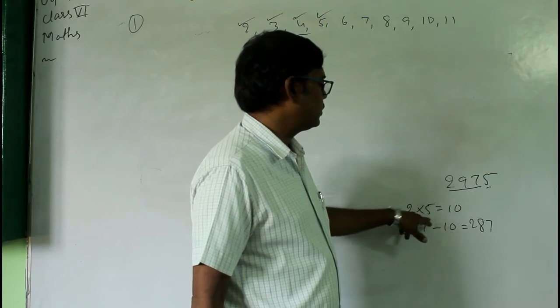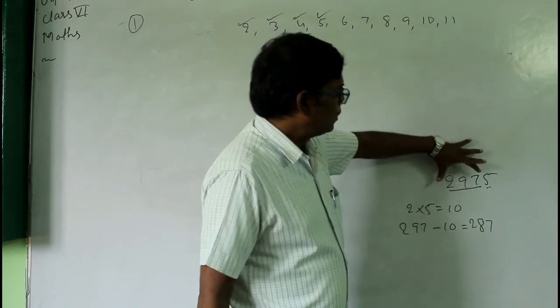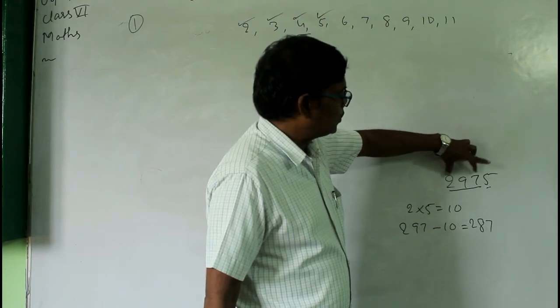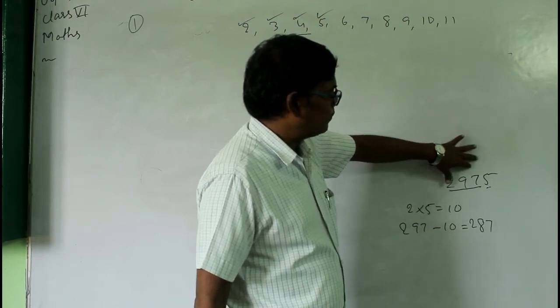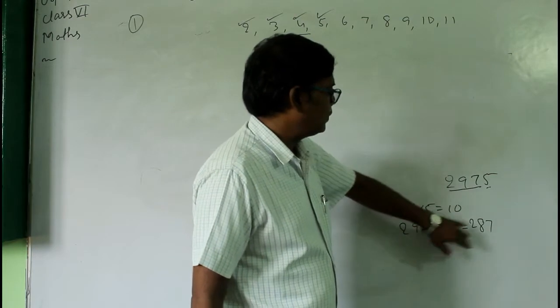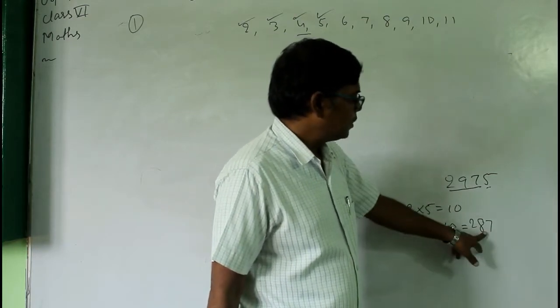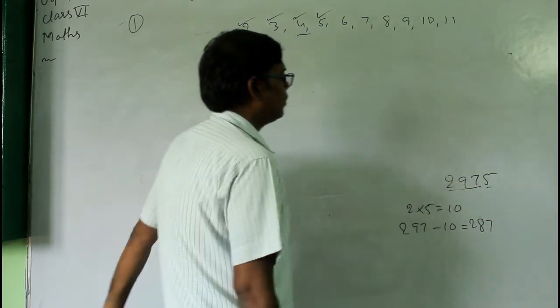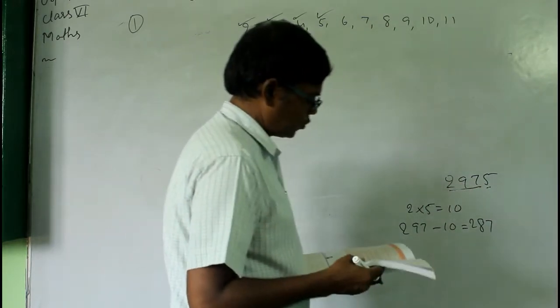Then you get, suppose in this case, 10 here, and then these are the remaining digits, 297. Then 297 minus 10 is this, and this is divisible by 7, therefore this whole number is divisible by 7. Okay, this is the rule.